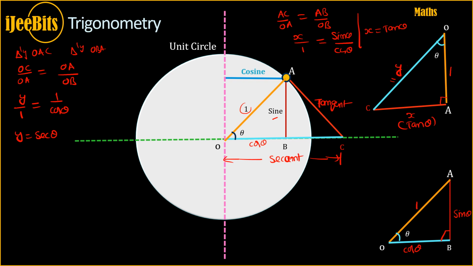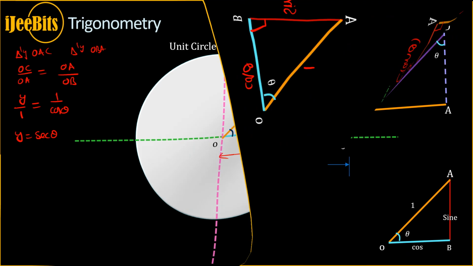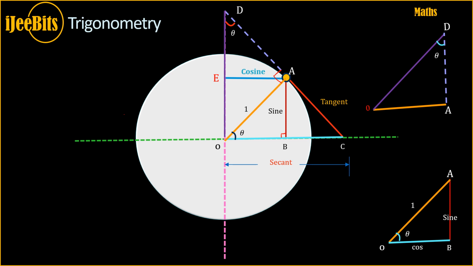So tangent and secant, sin theta and cos theta, that is what we found so far. Let's find out the other two ratios. Let's say AD is another tangent that we drew from point A to the y-axis. In this case also, OA is perpendicular to AD, and OAD forms a triangle.